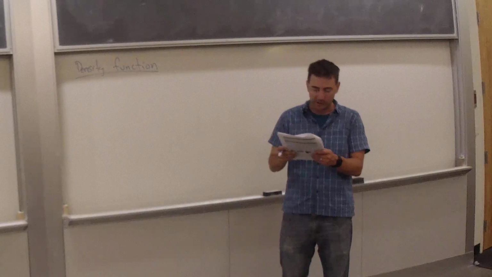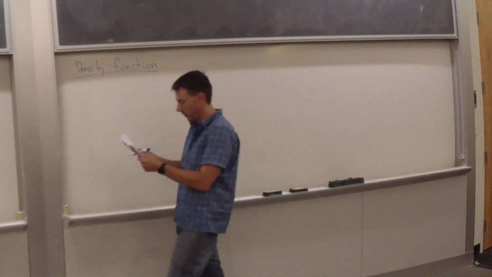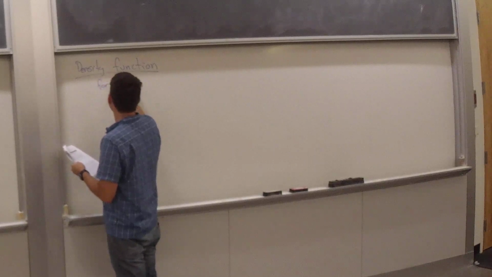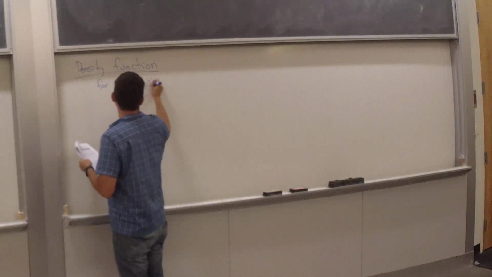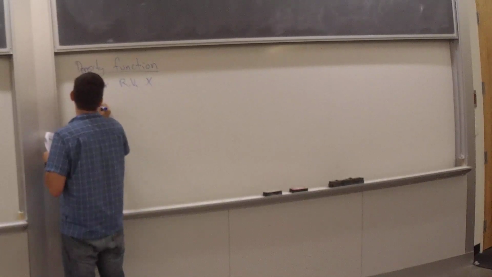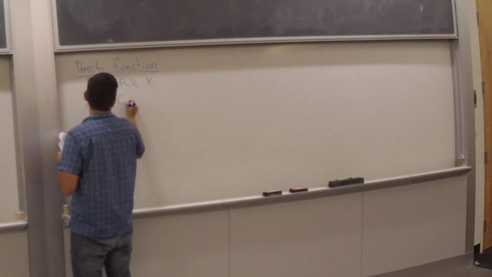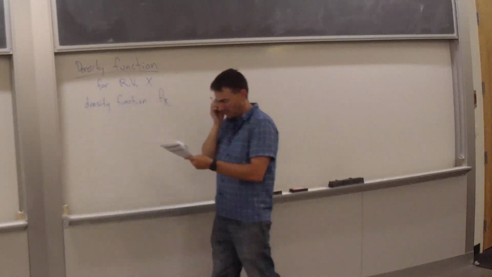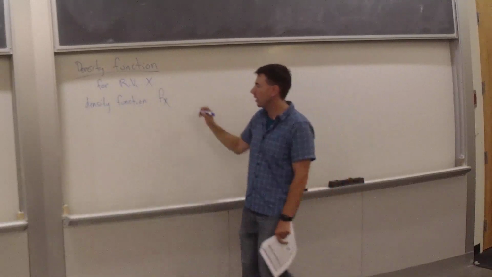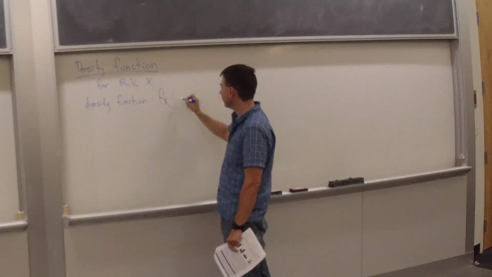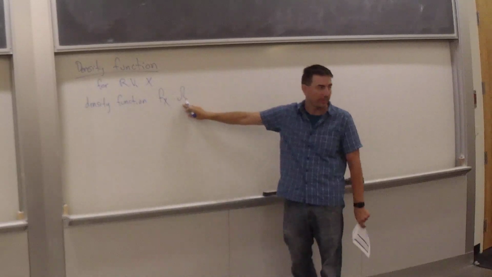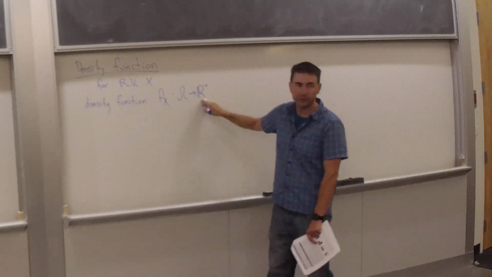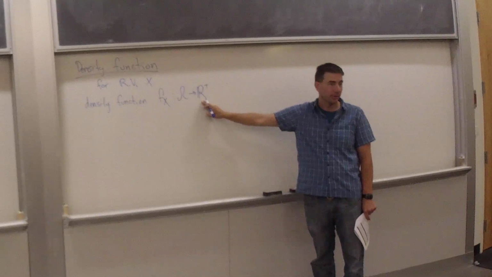With density functions, you really need to use your calculus here. So for a random variable x, I'll define a density function f of x. This will go from the sample space and map to R plus, the positive real values.